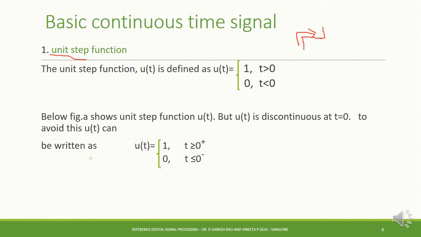The unit step function is denoted as u of t, and it is defined as: u of t is equal to 1 when t is greater than 0, and u of t is equal to 0 when t is less than 0. How are you going to define the unit step function?